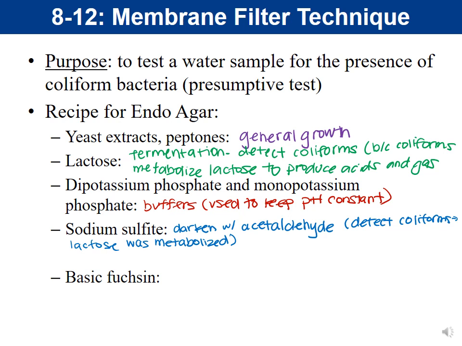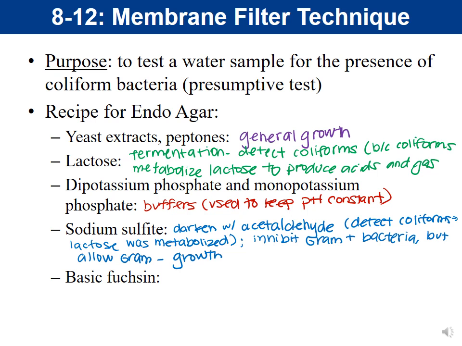The other reason that it's in there is that it's used to inhibit gram-positive bacteria, but allow gram-negative growth. And again, that makes sense because if you think about it, right, we're looking for coliforms, which are gram-negative rod bacteria that ferment lactose to produce acids and gas.